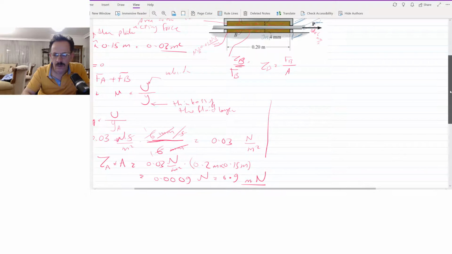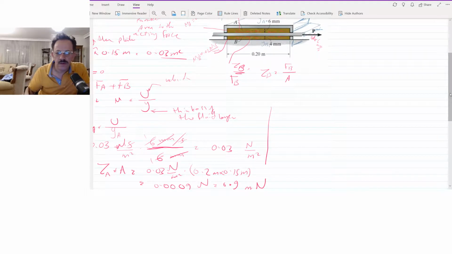I will do the same for Fb. So for Fb, tau at B in this layer is equal to viscosity at B times U, which is the velocity of the plate, divided by the depth of B, which is here yB.